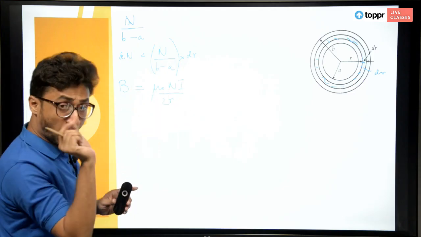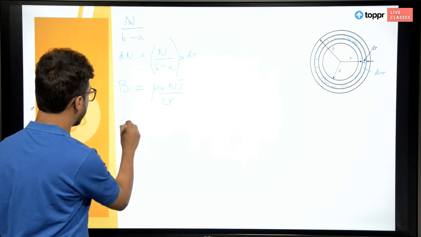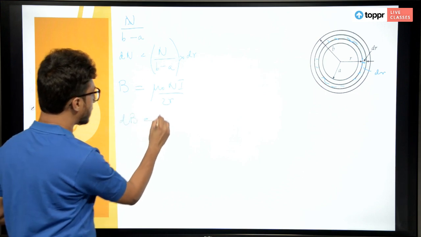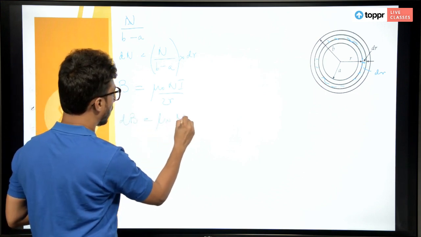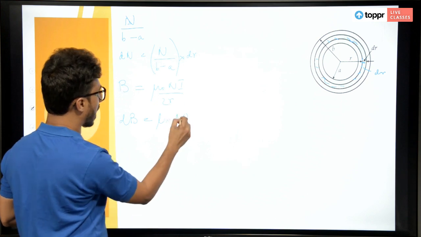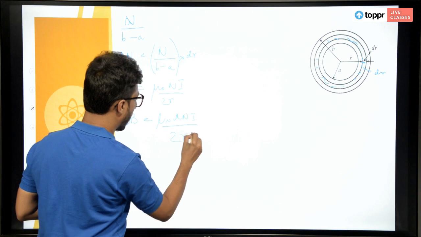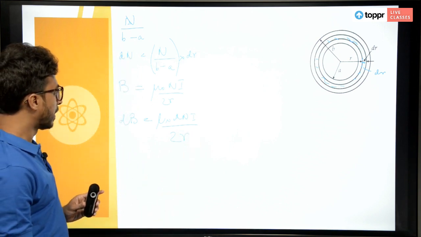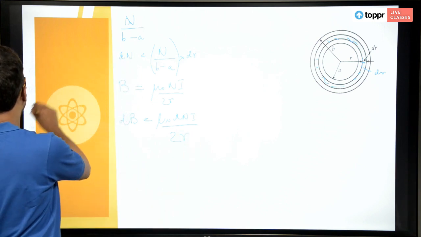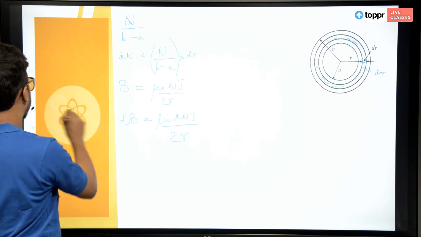Now, for a small element it will be dB. So, mu 0, instead of N, we write dn: dB equals mu 0 dn I by 2r. Let me write it more clearly.